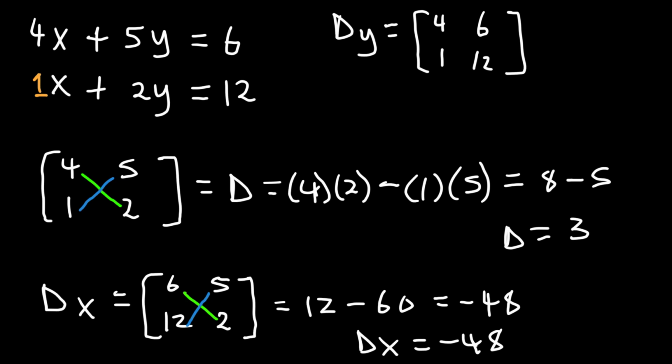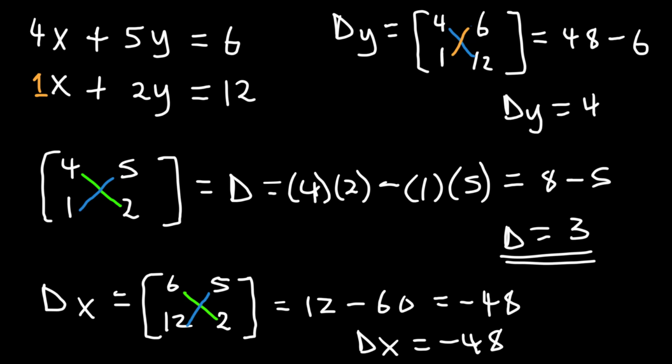And once again, we shall find the determinant of this matrix. So we shall get 4 times 12, and this will give us 48, minus, then we shall get 6 times 1, and this will give us 6. Now 48 minus 6 will give us 42. Therefore Dy will be equal to 42.